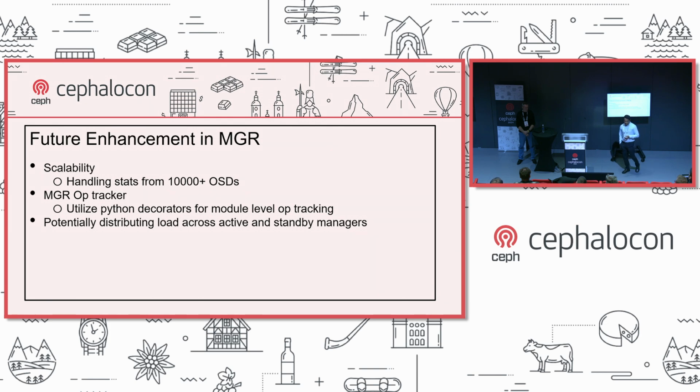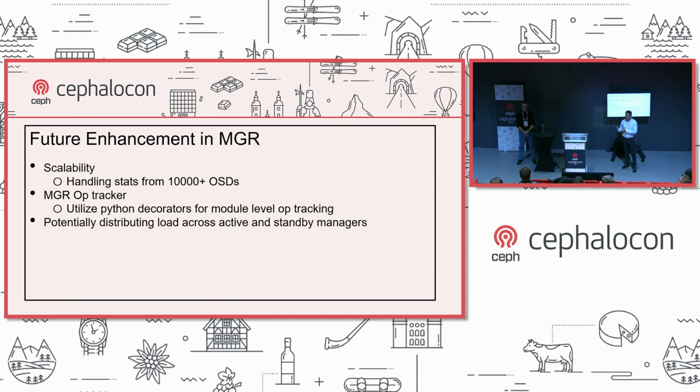Apart from that, in the op tracker, we currently don't track ops at the module level, so we can't see what an individual module API is really doing, what kind of stats it is requesting, or which maps it is operating on, like the OSD map or the MGR map.